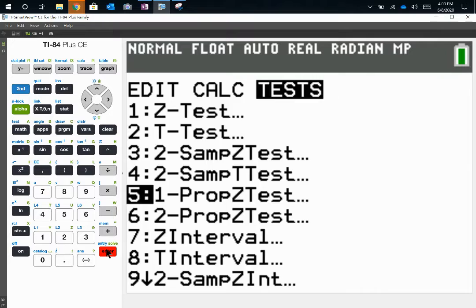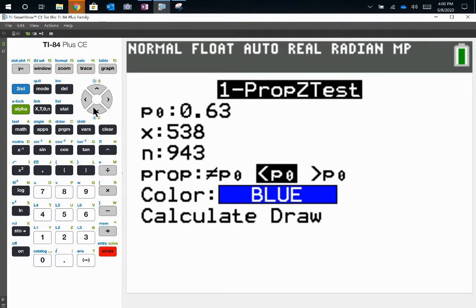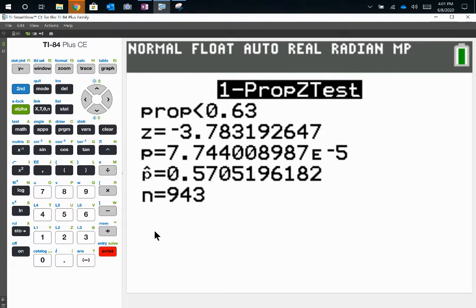Enter. And here you would put in, so the null hypothesis is 0.63. Then you would type in 538 and 943. And we know that we're looking for less than. And enter, calculate. And we should be getting just about the same numbers here.